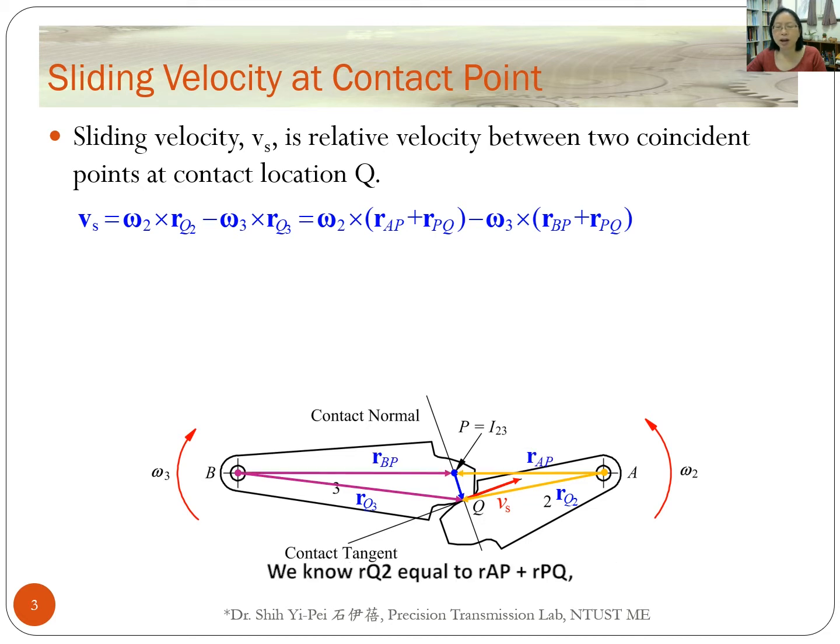We know RQ2 is equal to RAP plus RPQ, and the vector RQ3 is equal to RVP plus RPQ.